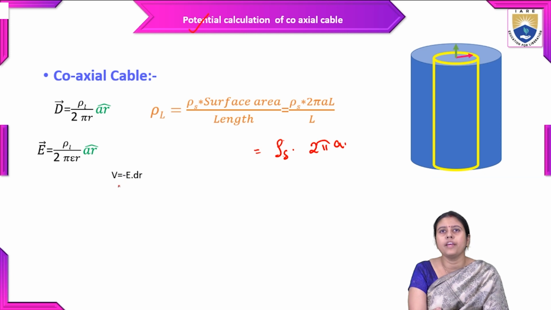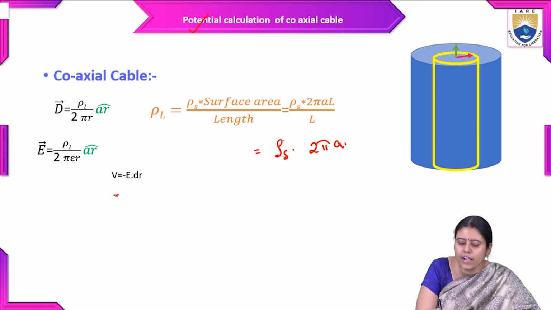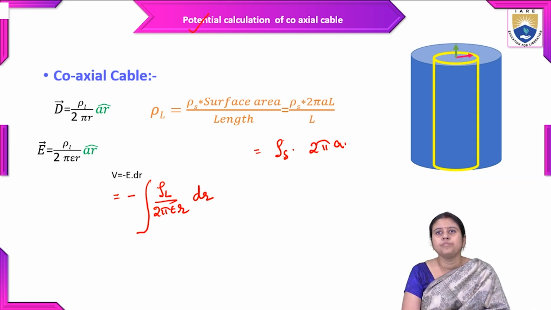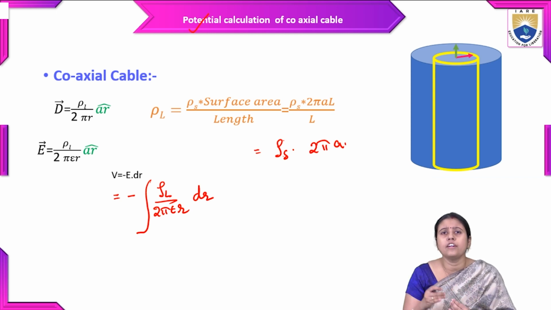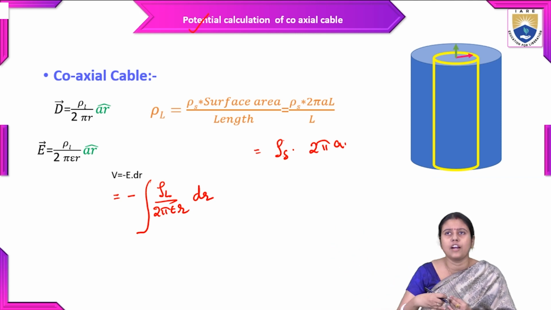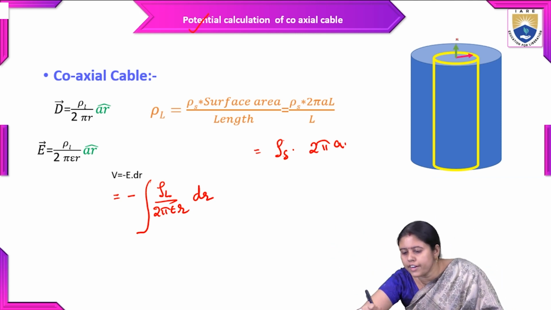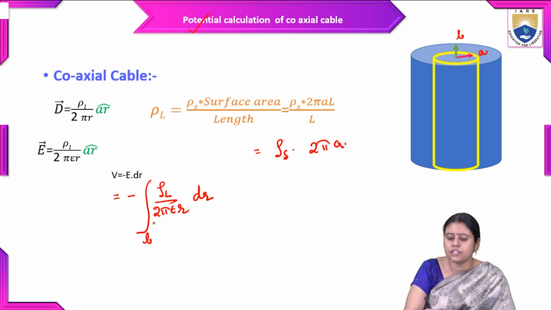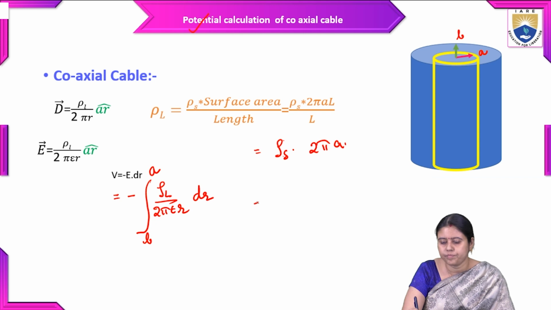Potential V is equal to minus integral of E dr, so we can write rho L by 2 pi epsilon R into dr. According to the definition of potential, it is the work done to bring one unit charge from the further point to the near point. Here the further point, the green one, is B and the red one is A, so it is B to A.